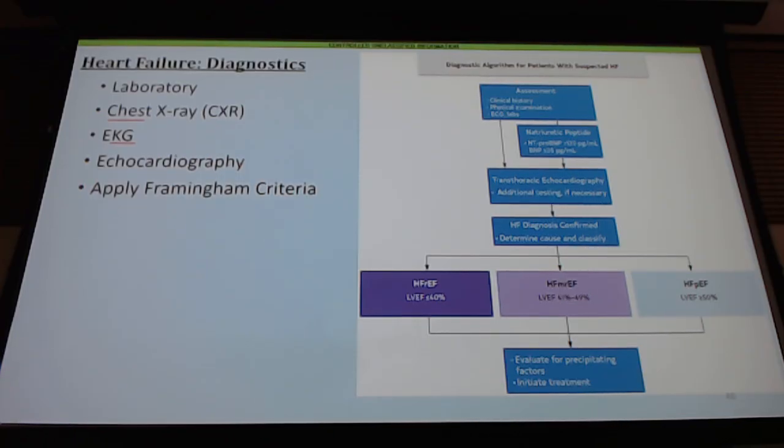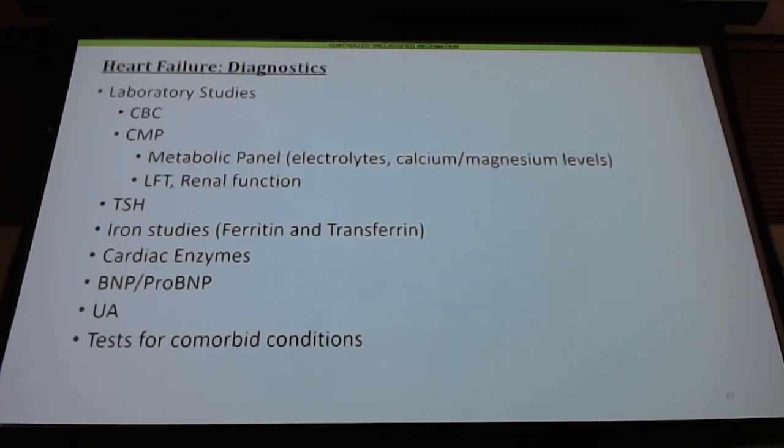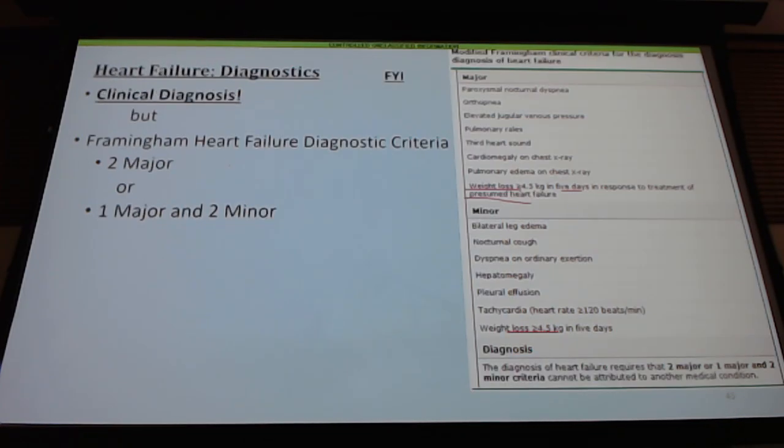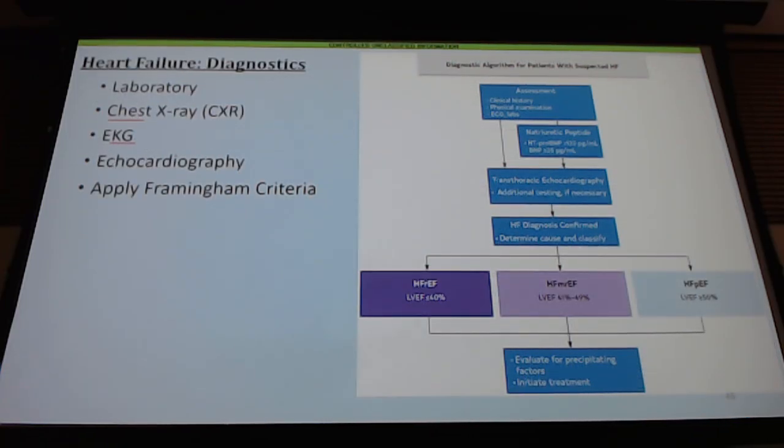Let's do an echo because I want to know, am I dealing with a HFrEF or a HFpEF problem? We'll talk more about the management side of things tomorrow based on this chart.